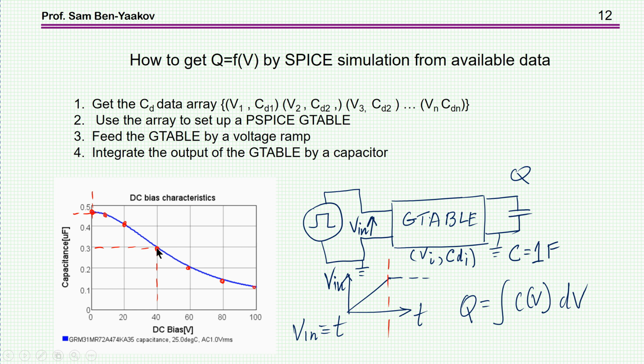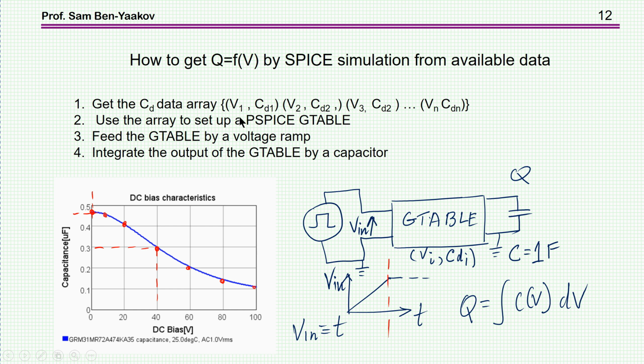We get the values of voltage and capacitance: this is the voltage here, this is the capacitance, voltage 20, and this capacitance, etc. So this is going to be an array of voltage and capacitance, which represents the function in a discrete way. If I pick the points between two ends of a pretty much straight line, the approximation would be pretty good.